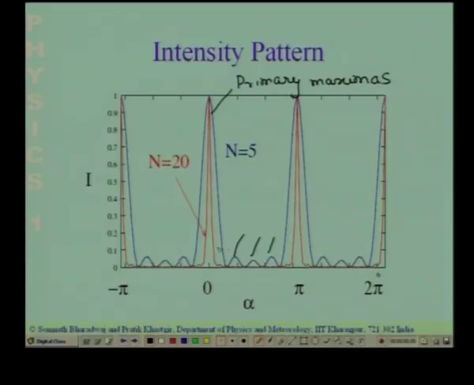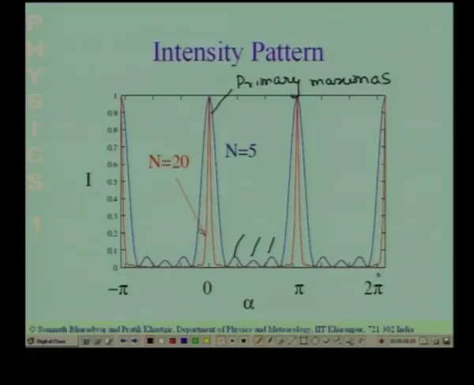Not only does the number of zeros increase, but the intensity of the secondary maximas also goes down. You cannot see it here actually, you can possibly see only the first one. Also, the width of the primary maxima decreases as you increase the number of oscillators. So, the primary maximas get sharper and sharper.